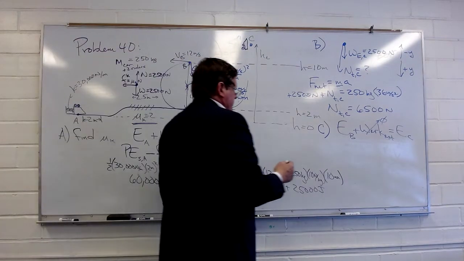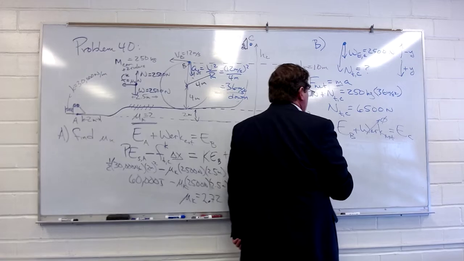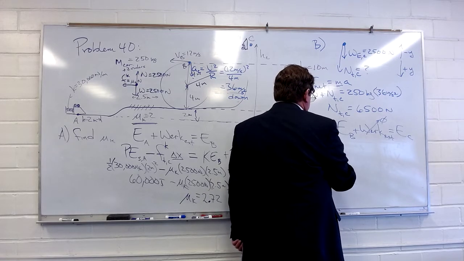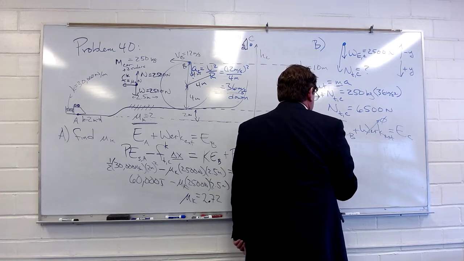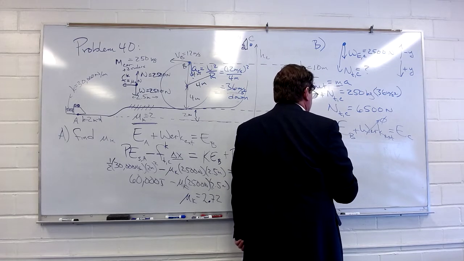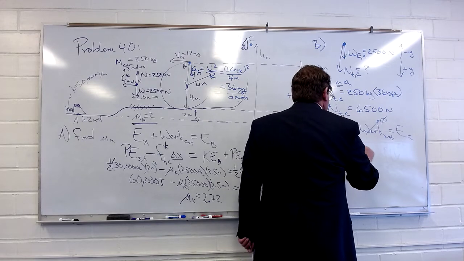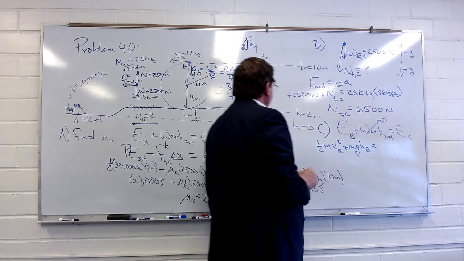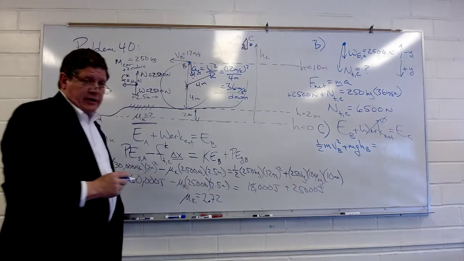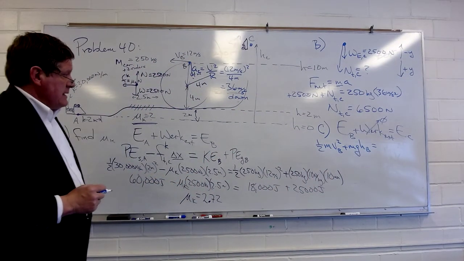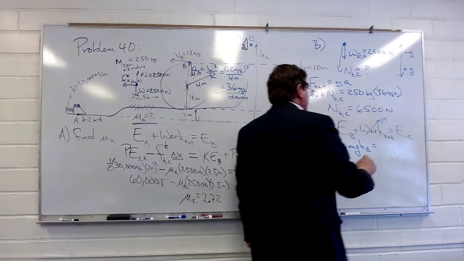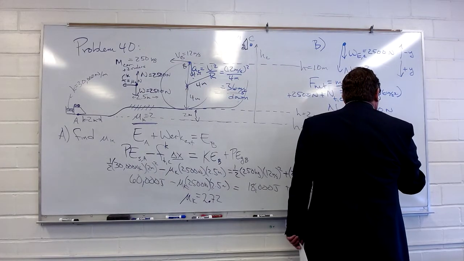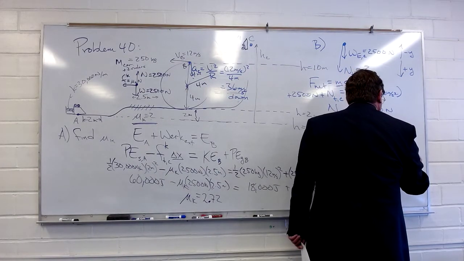Well, at B, I have two kinds of energy. I have 1/2 m times VB squared, and I have mgh at B. But at C, it stopped moving. You got to stop to turn around and fall. And so at C, it only has gravitational energy.